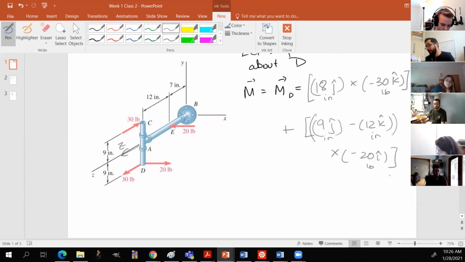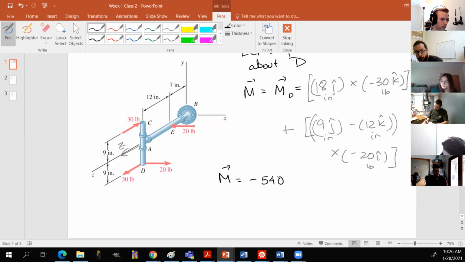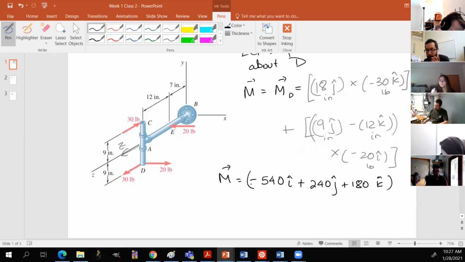All right. Again, you can do it in Mathematica, you can do it by hand, you can do it on your calculator. I'll just give you guys the final answer, and you can check that out when you're doing your revision. So what I get is the moment is equal to minus 540 I hat plus 240 J hat plus 180 K hat, right?